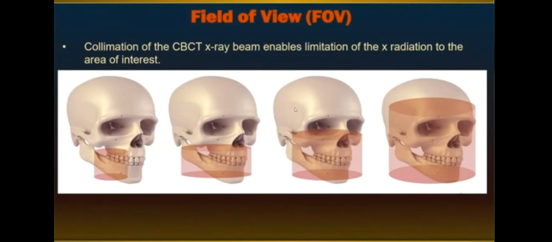The bigger the field of view, the more expensive the machine will be. So as an implantologist, what do you need in your office? This is a very important thing. Or if you don't have a CBCT and don't plan to have one, what field of view should you ask for? Do you want to scan a single tooth, a quadrant, both jaws, the whole skull? Let's see.